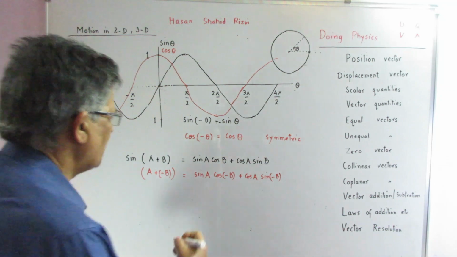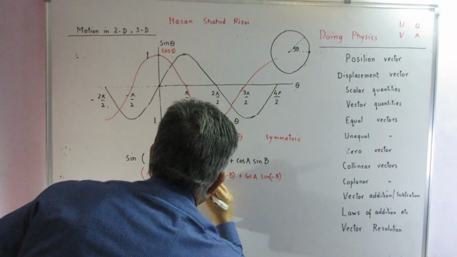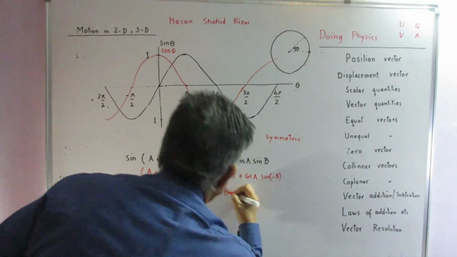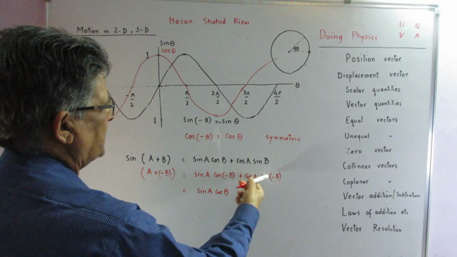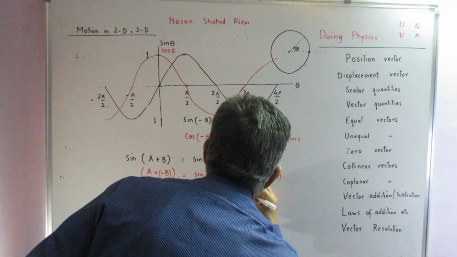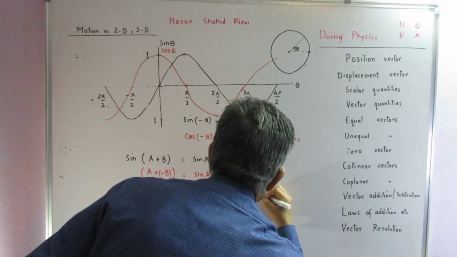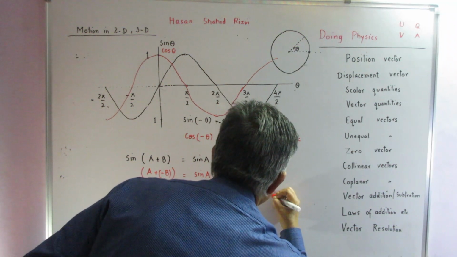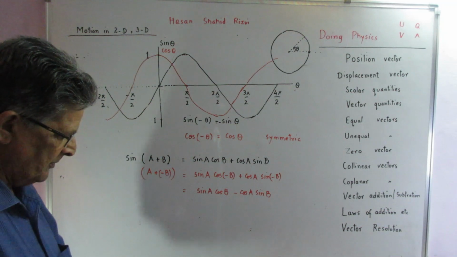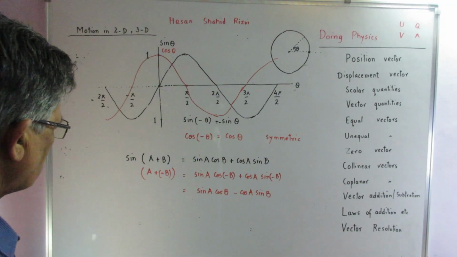So I can write this formula in the familiar form, that sine A cos B, and here, because sine of minus B is equal to minus sine B, so minus cos A sine B. So I can write this total formula, which we will remember in short.